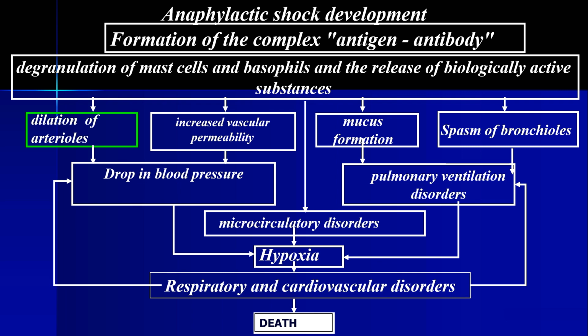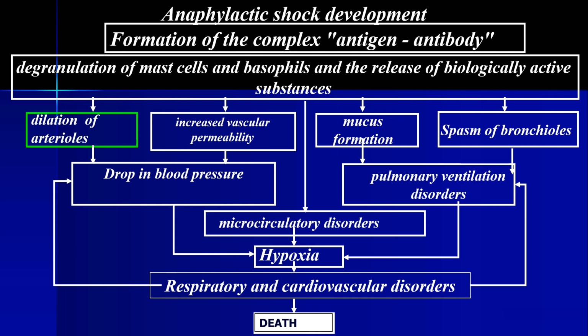The clinical examples of anaphylaxis may be of two types, general and local. Local anaphylaxis may include bronchial asthma, allergic rhinitis, Arthus phenomenon, etc. Anaphylactic shock may be caused by the influence of medicinal preparations and prophylactic vaccines.